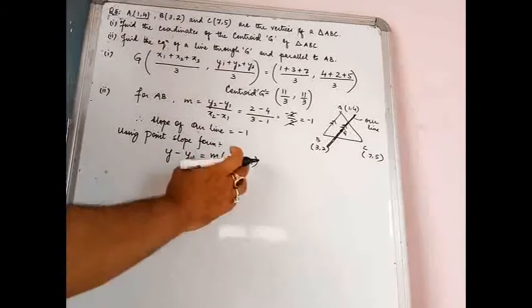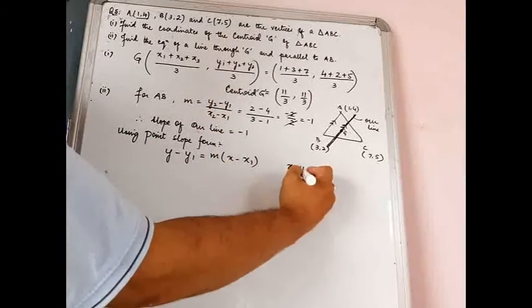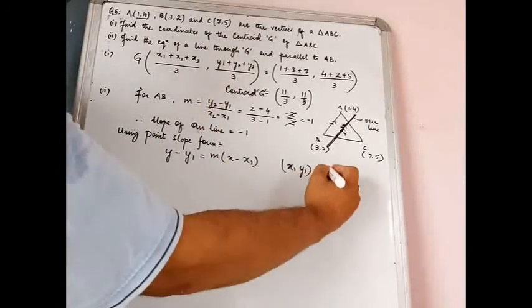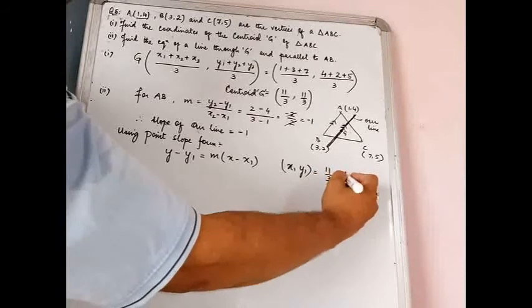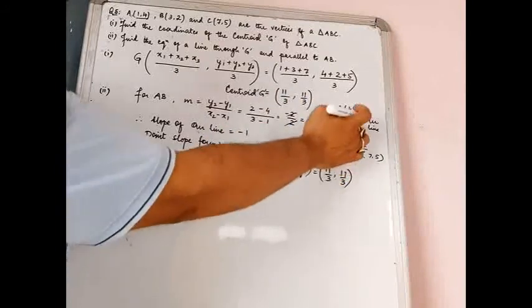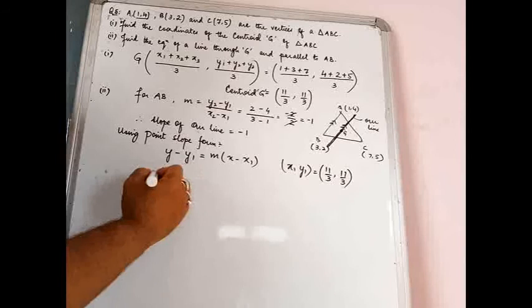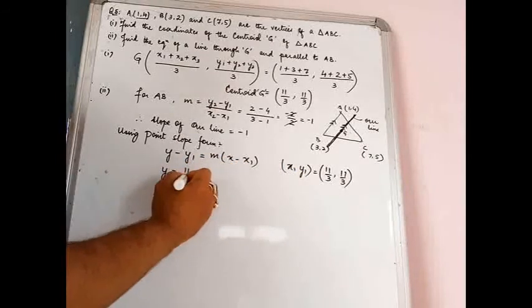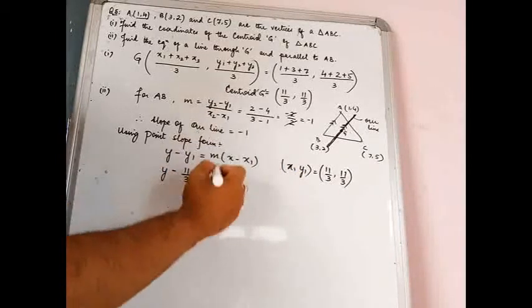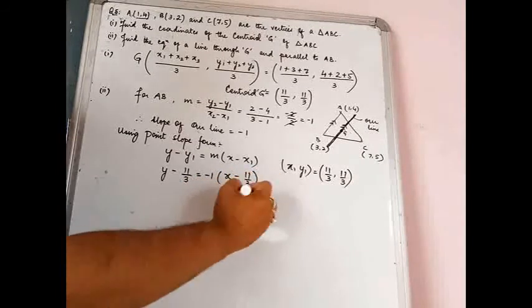x1. What is this x1 y1 now? This x1 y1 here now is 11 by 3 comma 11 by 3, because this is that point through which our line is passing. So y minus 11 by 3 is equal to m, which is minus 1, as we have just calculated, times x minus 11 by 3.